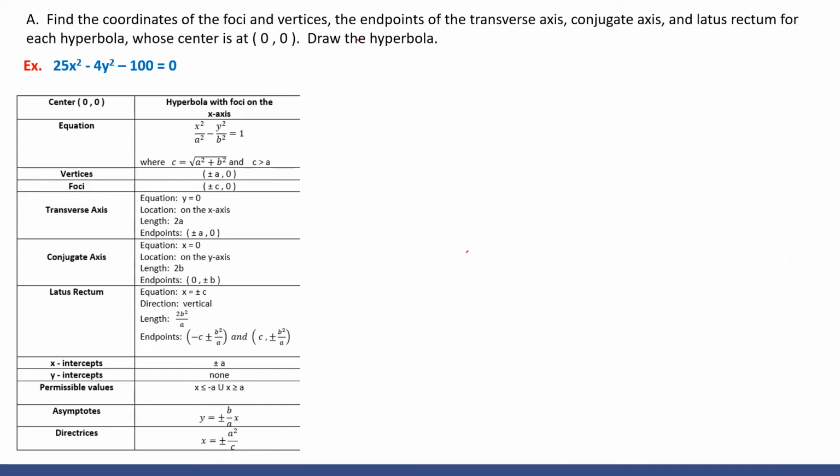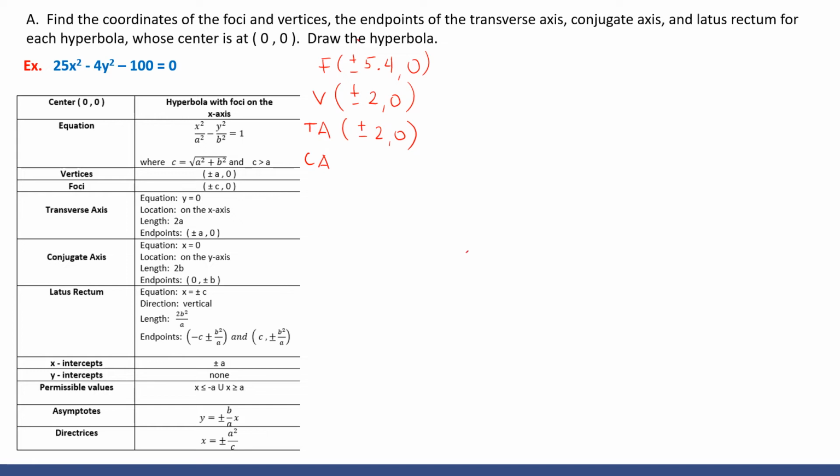To draw the hyperbola, isa-isahin lang muna ulit natin. Foci, we have plus minus 5.4, 0, and then vertices is plus minus 2 and then 0. Endpoints of transverse axis plus minus 2 and then 0.